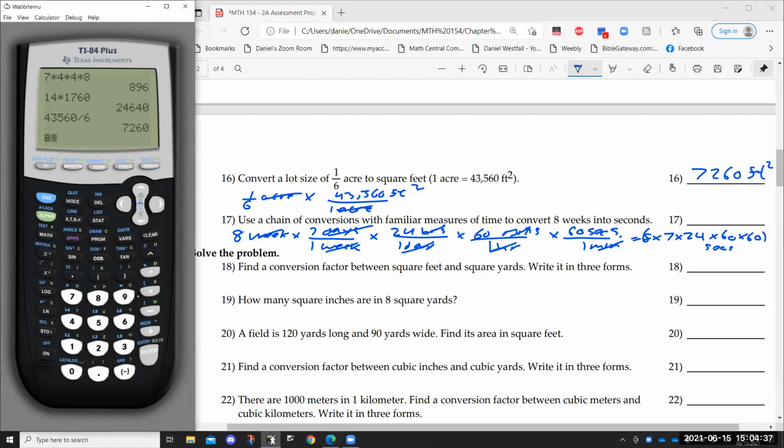So 8 times 7 times 24 times 60 times 60 is a really big number.